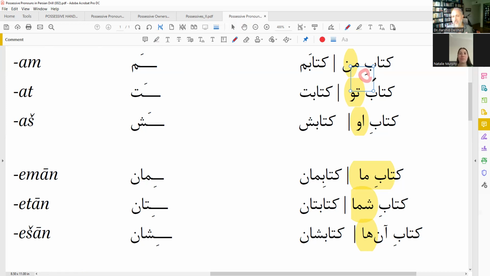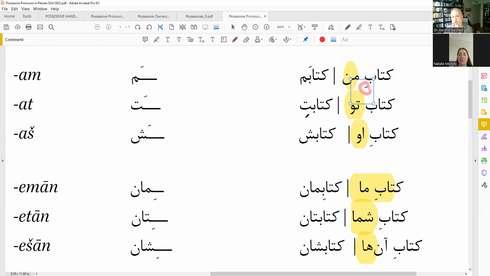You always have to keep in mind that in constructing possessive pronouns, between the noun and the pronoun there is always a genitive construction expressed by a short vowel a. So you cannot simply say ketab man.